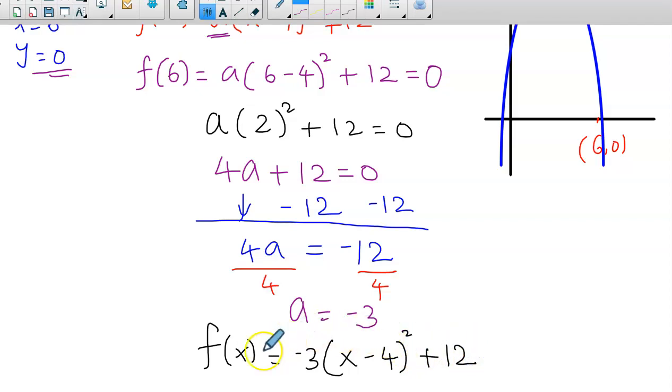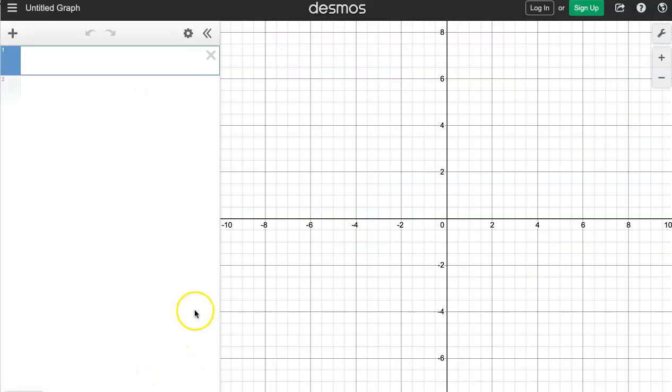This is the function which satisfies the conditions. The given conditions were: the vertex was at (4, 12), and the x-intercept (6, 0). So I can verify that using Desmos.